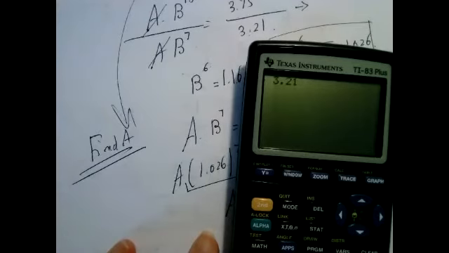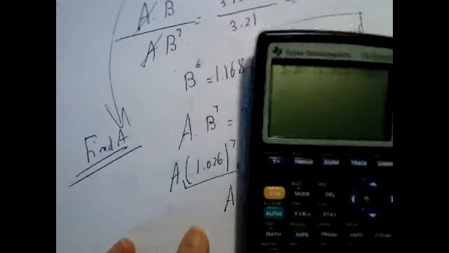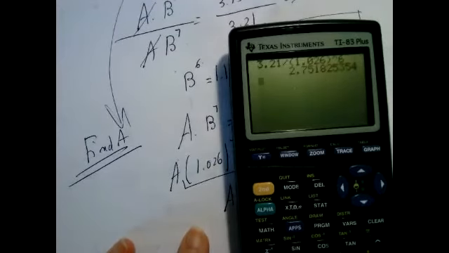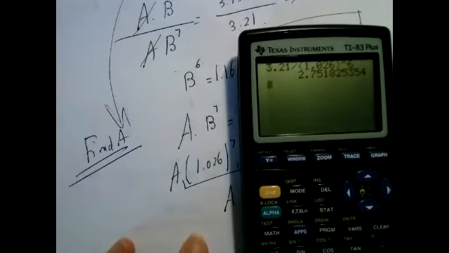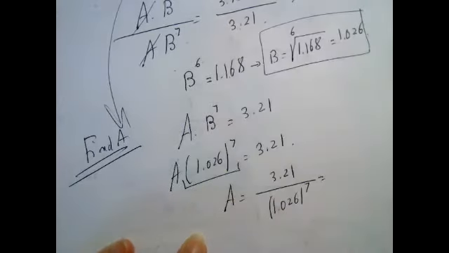That's 3.21 divided by parenthesis 1.026 to the power 6. That's how I am inputting it. Oh, well, I'm getting something different than you. Oh, to the power 7. Okay. Divided by 1.026 to the power 7. We're getting 2.682. You're absolutely right.